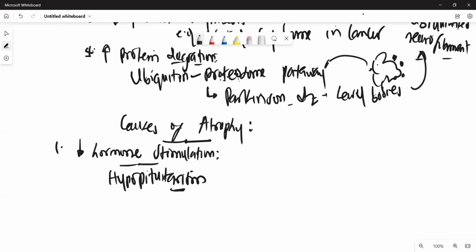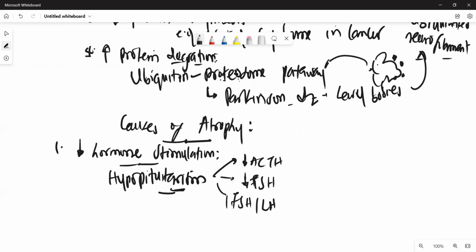As a result, all those hormones produced from the pituitary are decreased, examples like ACTH, TSH, FSH, LH.